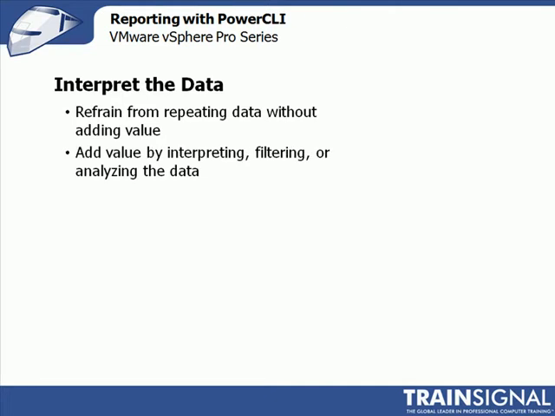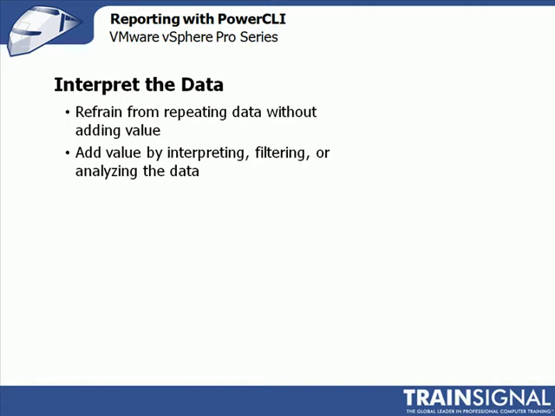Some ways that you can add value include interpreting. So you want to be able to basically take the information that's input. Let's apply this to your virtual infrastructure. Let's say that you've got lots of snapshots in your system that various people in the VI team have been adding over the last month. A report that just lists the snapshots is not as useful as a report that lists snapshots beyond a certain age.